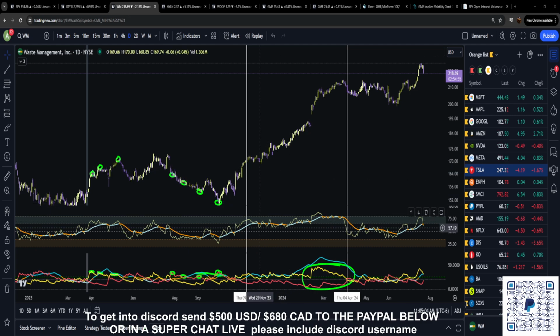Where was the RSI in between both of those white trend lines the whole time? What did the RSI not break?